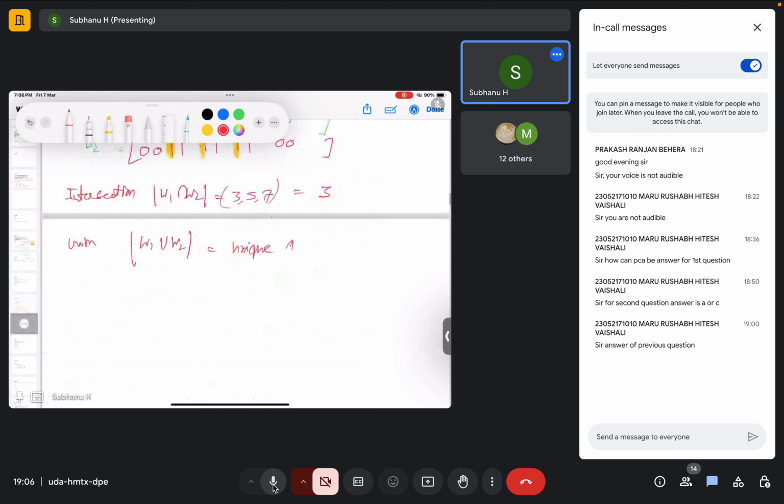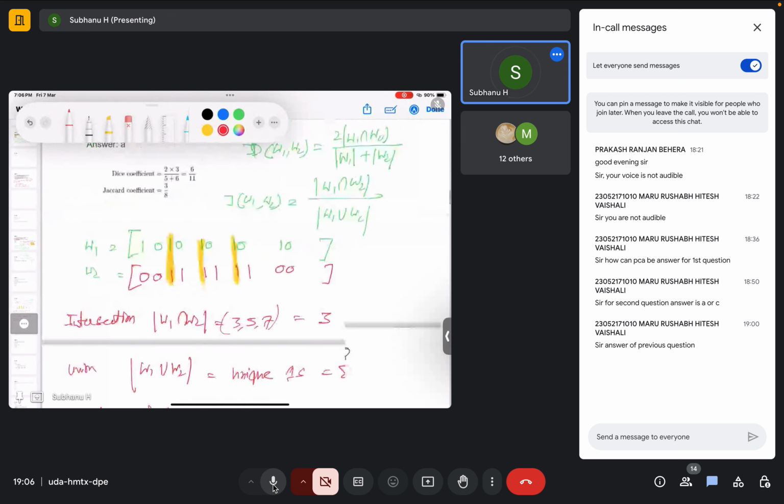Okay, then total ones in W1 is equal to 5. Total ones in W2 is equal to 6, right? So how will you find the similarity? For Jaccard this is nothing but 3 by 8.